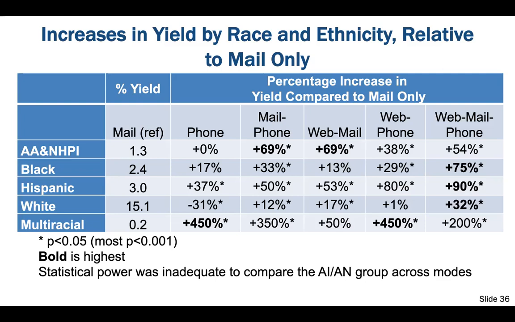But if you look at that last column, you can see that the gains for other groups are considerably larger. So briefly, the good news here is that these methods that increase response rates overall also really help close some of the gaps in underrepresented and underserved groups.